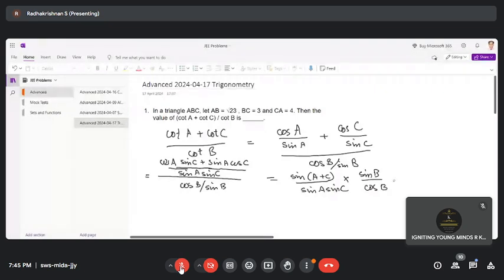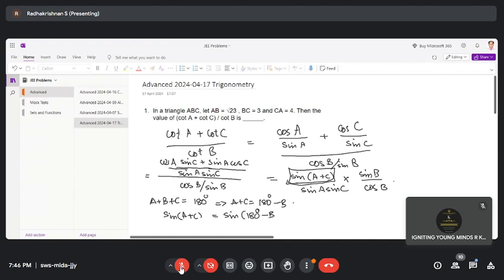Now using the properties of triangle, what is sin (A plus C)? We know that A plus B plus C equals 180 degrees. So A plus C equals 180 degrees minus B. Therefore sin (A plus C) is equal to sin (180 minus B).